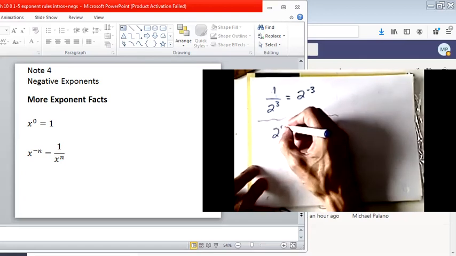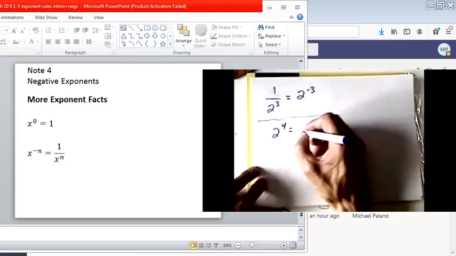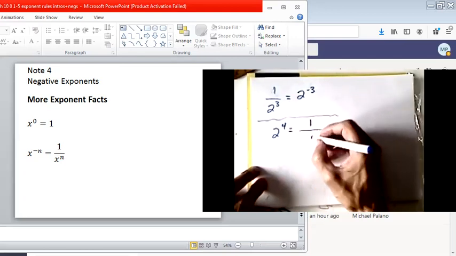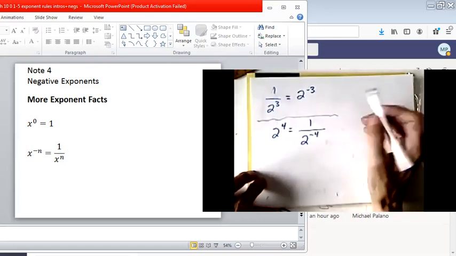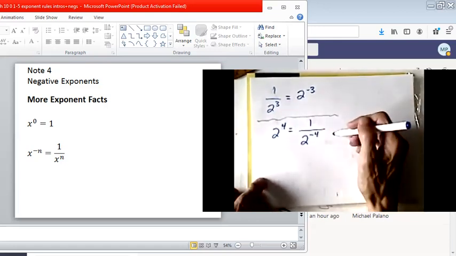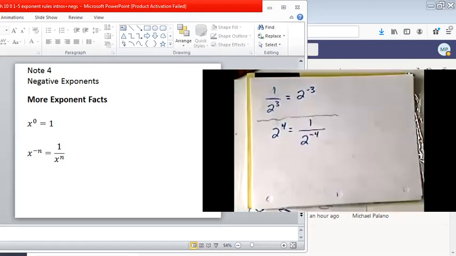This would be a bit strange, but if you have 2 to the power of plus 4 and you move it downstairs, the exponent changes. It becomes negative 4 underneath. So that's a new and important addition to our exponent rules.